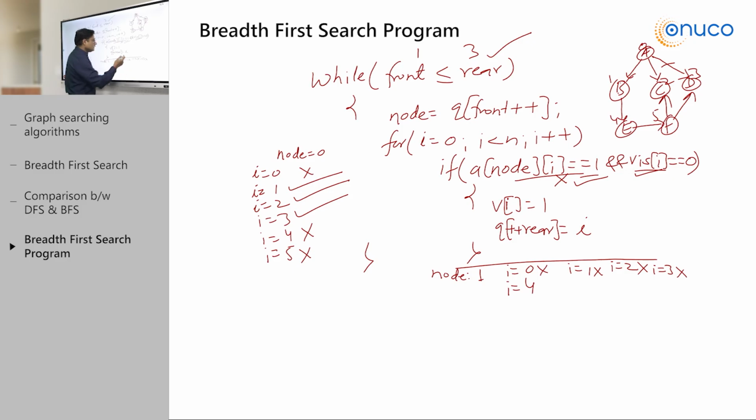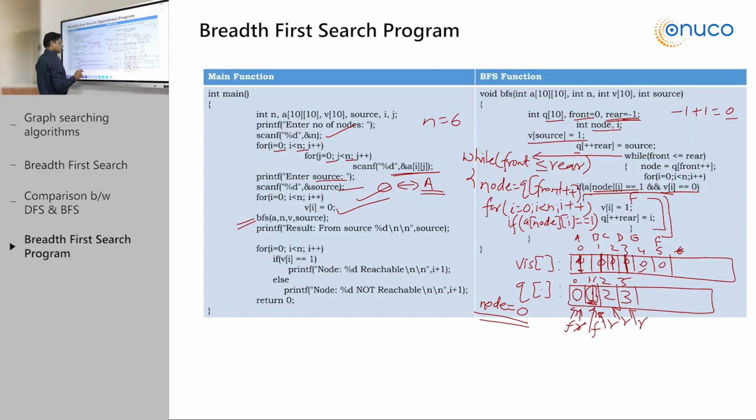Increase the rear pointer and insert this. So visited of 4 is equal to 1, and you increase the rear pointer. Now rear is at this place and 4 is inserted. Remember that this is the array index. This is the actual vertex name: 0, 1, 2, 3. What you write in brackets is called the vertex name, and above, 0, 1, 2, 3, 4 is the index.